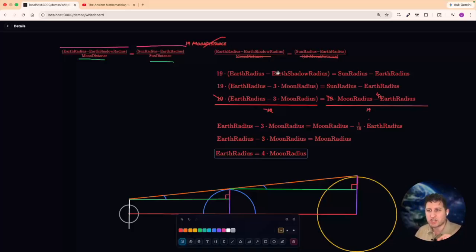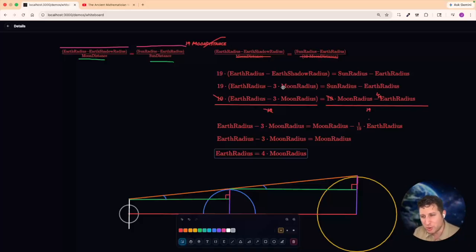Remember, the Earth's shadow radius is equivalent to 3 moon radius. So essentially, the Earth's shadow radius is 1 moon diameter smaller than the Earth diameter. So he has all of these things now he can equate between because he knows this relationship.